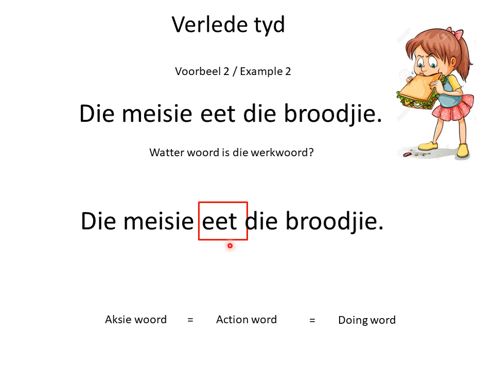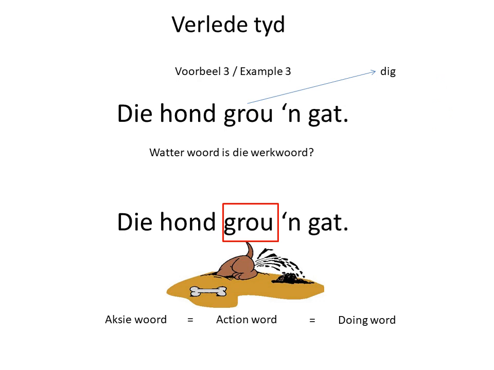And you can circle it. Another example, die hond grou 'n gat. The dog digs a hole. Watter woord is die werkwoord? Grou, dig, and you circle it.